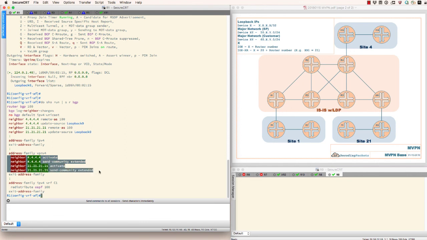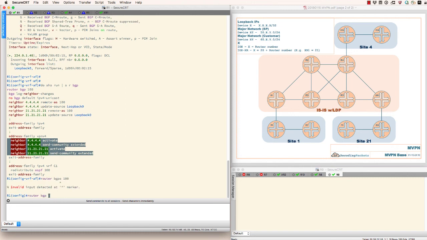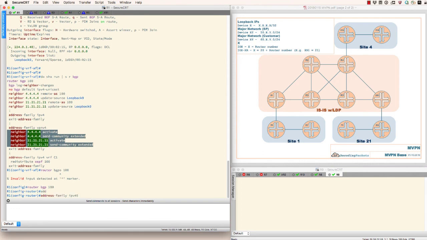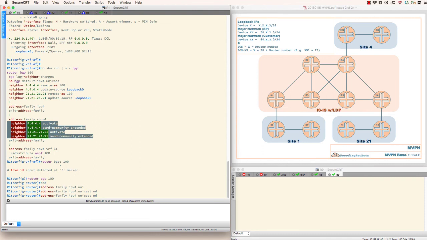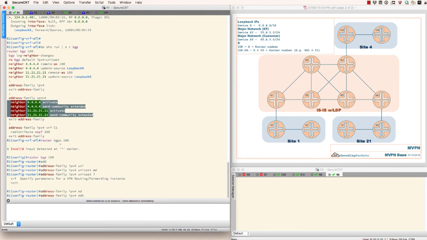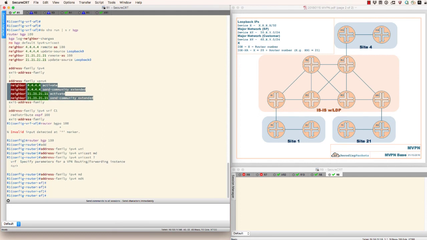So I'll copy that. I'll say router BGP 100, address family IPv4 MDT. So that's the multicast distribution tree family. I've already copied all of this, so I'll put this back in.